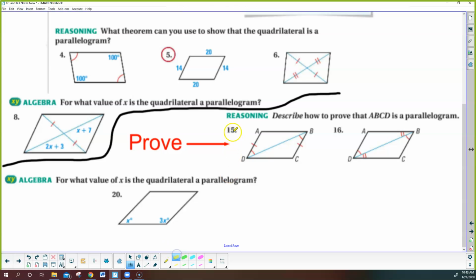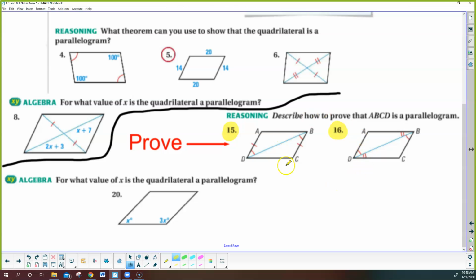And here's the part that we are going to actually have you do. You have to prove that these two, 15 and 16, are parallelograms. I'll just let you know, there's more than one way to do it. If you see one way and your friend finds another way, that's fine. Or if the answer I post is different than what you do, it's not technically wrong.